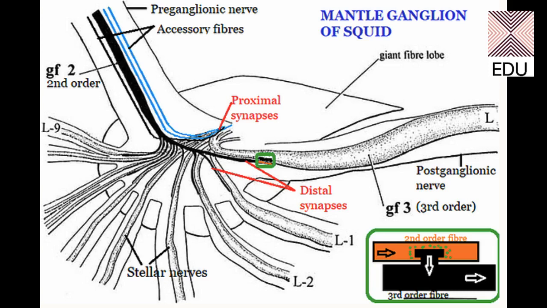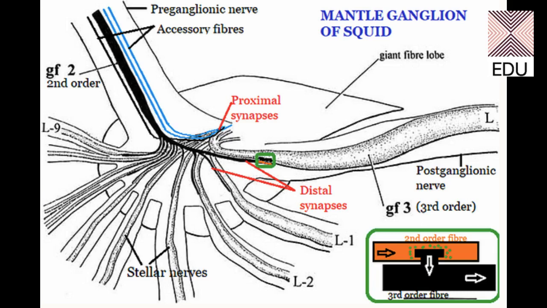Now students, if you see the central part of this diagram, here we see two types of synapses. Synapses are the actual connections in between the two types of giant nerve fibers over here. These two fibers are GF2, the second order fiber, and GF3, the third order fiber.